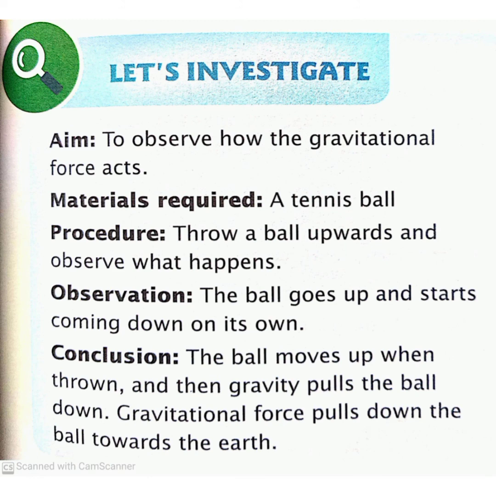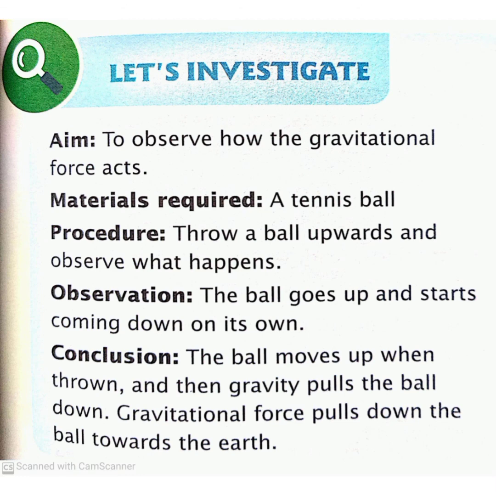Observation: the ball goes up and after some time it starts coming down on its own. Conclusion: the ball moves up when thrown and then gravity pulls the ball down.